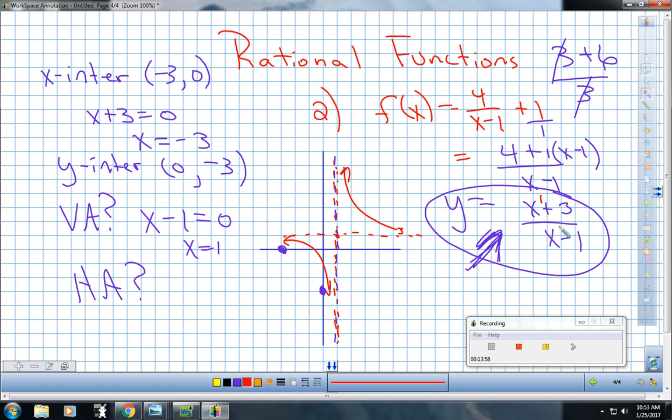Right? Okay, now, if the degrees are the same, think about what a horizontal asymptote is, okay? If a horizontal asymptote exists, that means that when you stick in huge numbers for x, the function's value is going to just approach that number, right?